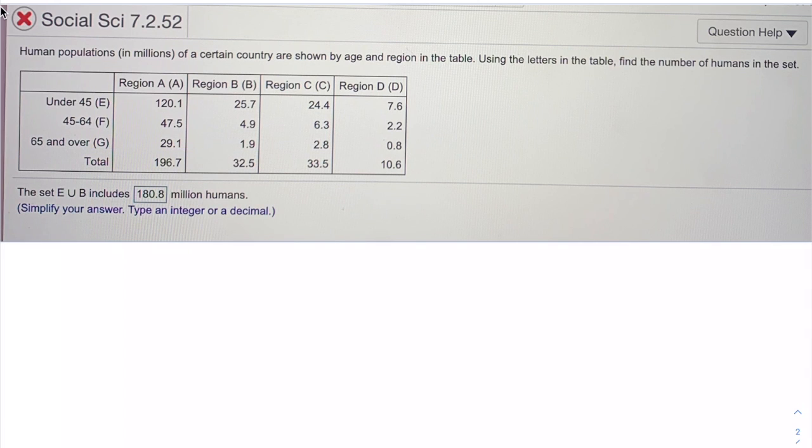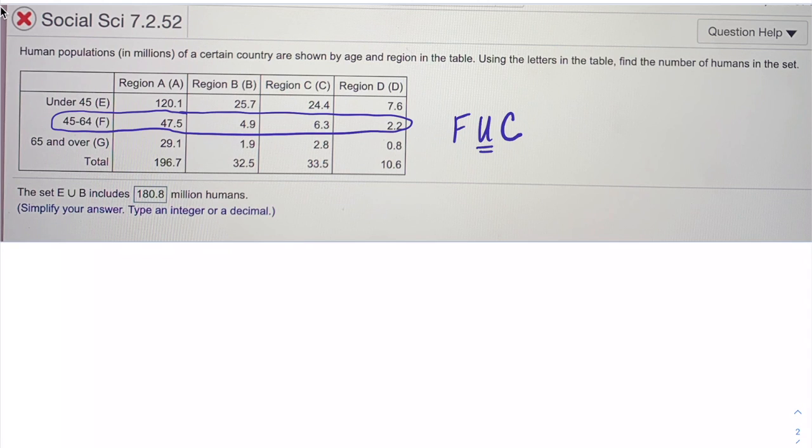Okay, so E union B. Okay, we're not going to do E union B. We're going to instead do F union C. So union means both. So we're going to take all of the females and we're going to union that with all the people in C. And be careful.